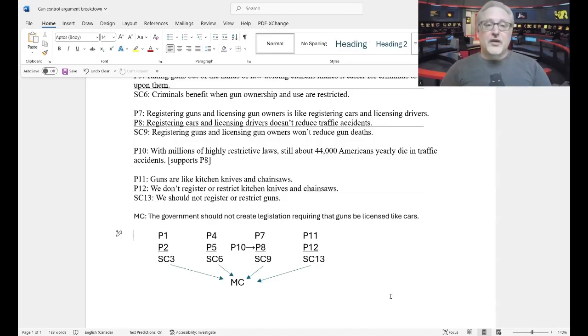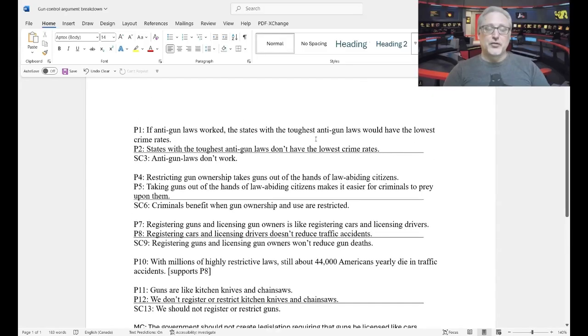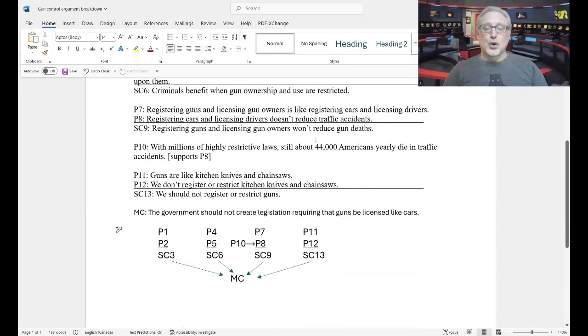But if it's not necessary, if you can represent the structure of the argument just by the standard form representation, like I said we were able to do with this one, then no, you don't have to draw an argument diagram. If you are concerned whether you'll lose marks if you don't, then I would recommend drawing an argument diagram, but it's not required in all cases.